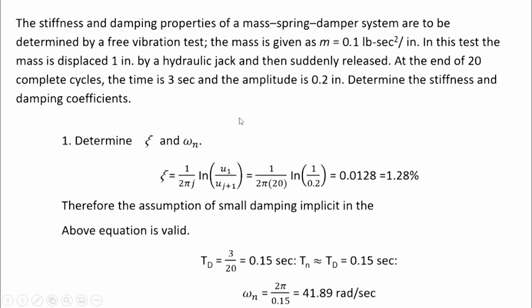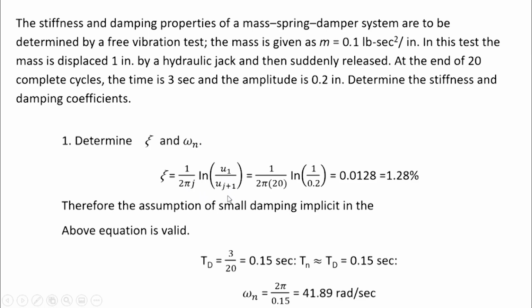We learned about logarithmic decrement. So what is logarithmic decrement? It is the natural logarithm of the ratio of amplitudes at different cycles divided by the number of cycles.